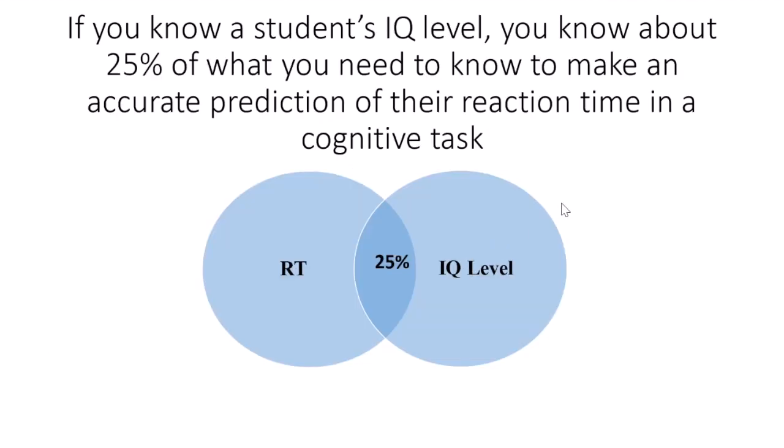So if there is only one independent variable over here, the IQ level, you know about, for example, 25% of what you need to know to make an accurate prediction of their reaction time in the cognitive task.